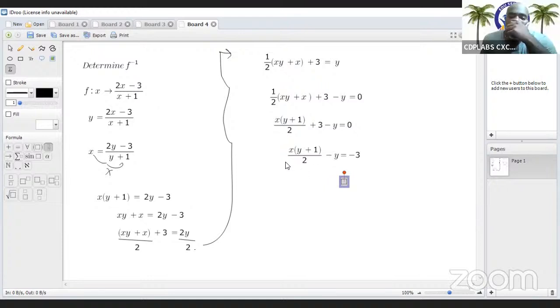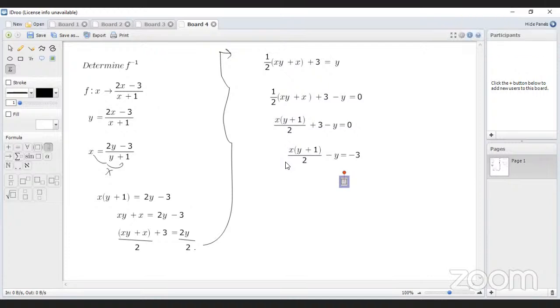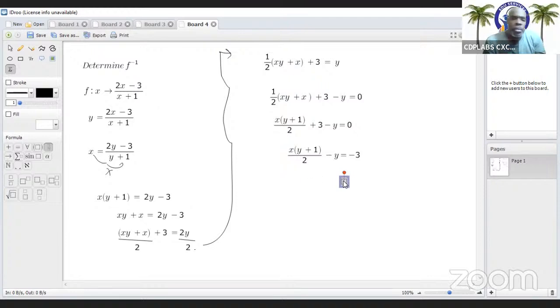So now, if we do things this way, if I multiply everything by 2, we can get rid of this 2 here by doing so.